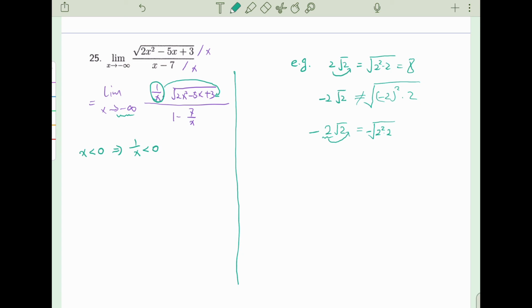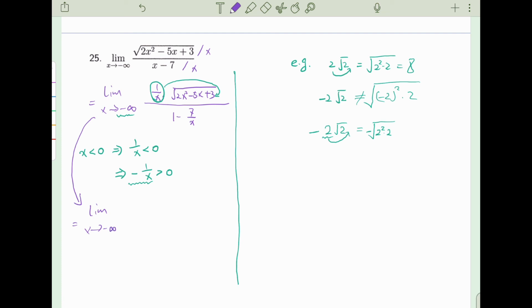Now what we can do is turn this into a positive by placing a negative sign in front of it, because if you multiply negative 1 on both sides of this inequality, you have negative 1 over x greater than 0. So in other words, what we can let into the square root is this negative of 1 over x, not the 1 over x itself. Okay, so I'm going to rewrite this so that I have the positive expression.